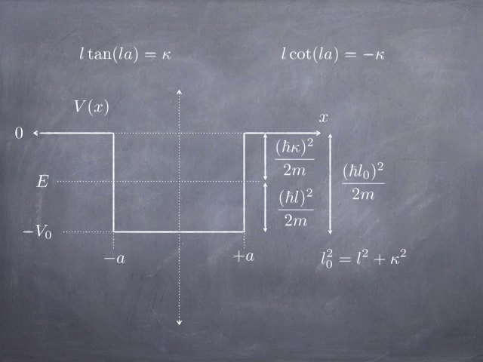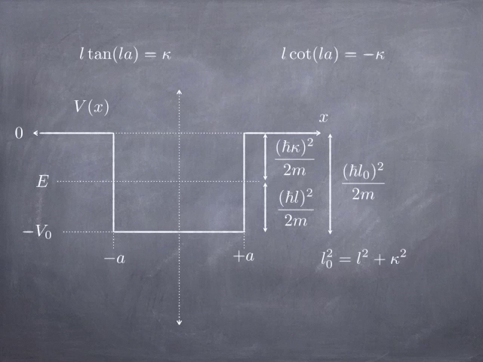So that means that high kinetic energy states have a very small kappa, and low kinetic energy states have a very large kappa. Intuitively, what that means is that states where the energy is deep down inside the well, close to the bottom of the well, do not penetrate very far outside the well.